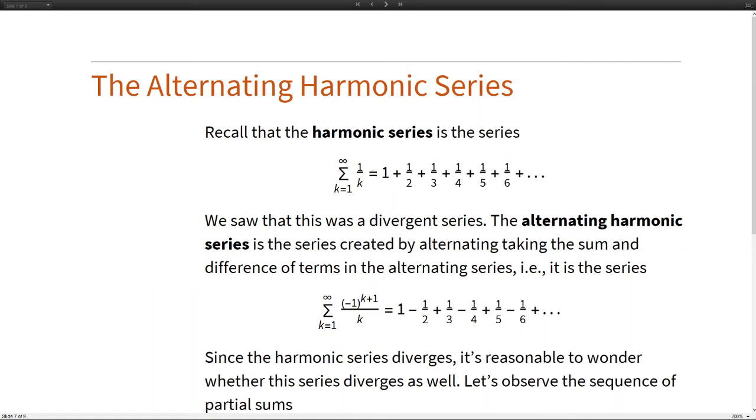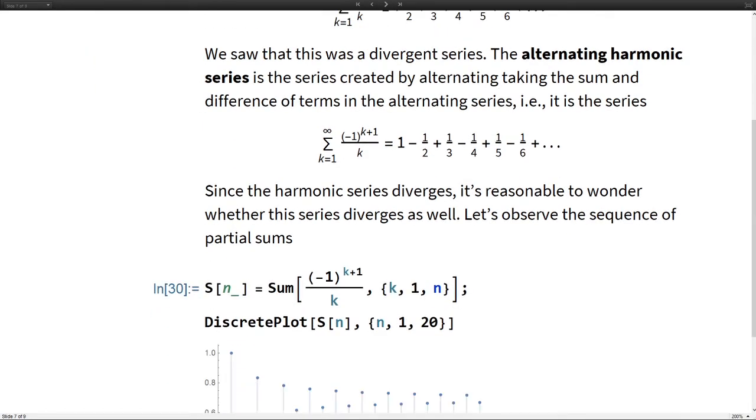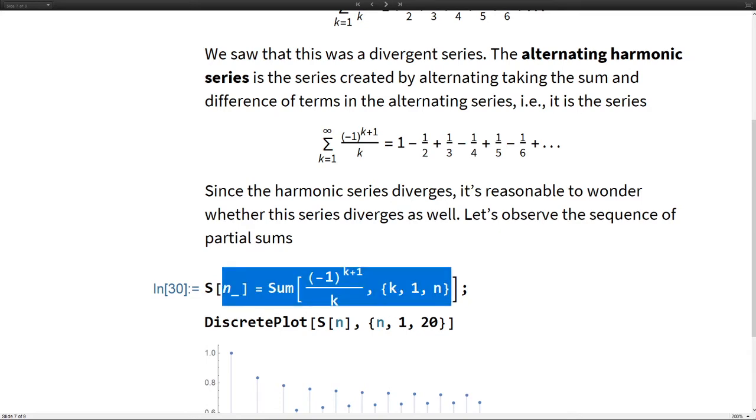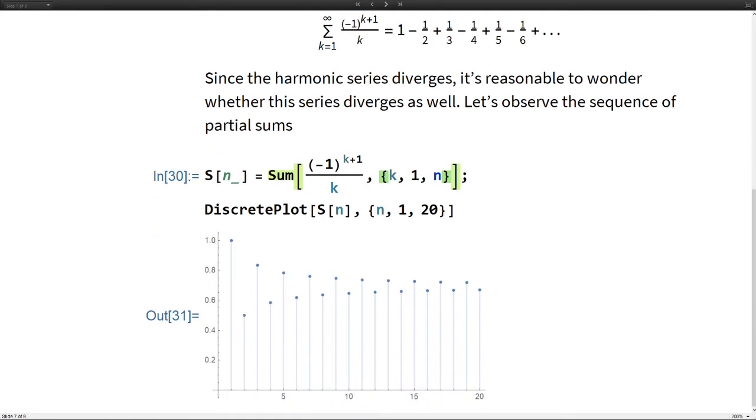Let's find out. What we're going to do here is look at the sequence of partial sums. So here again, I've written out my partial sums, the formula for the nth partial sum, and then I want to plot these. Here I'm plotting the first 20 partial sums. If we look at this, it starts up here at 1, and then it goes down to 1/2, and then up, and then down, and up, and down, and up, and down.